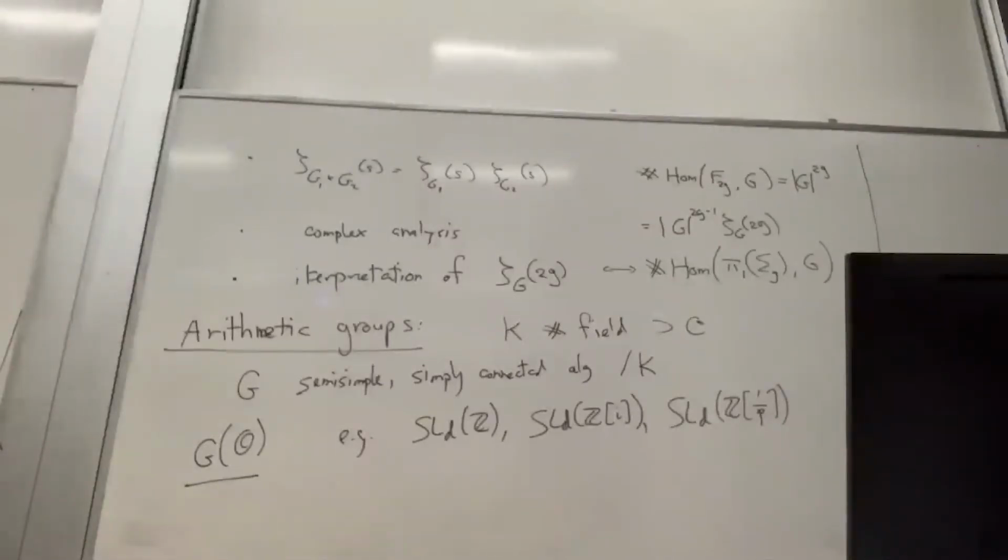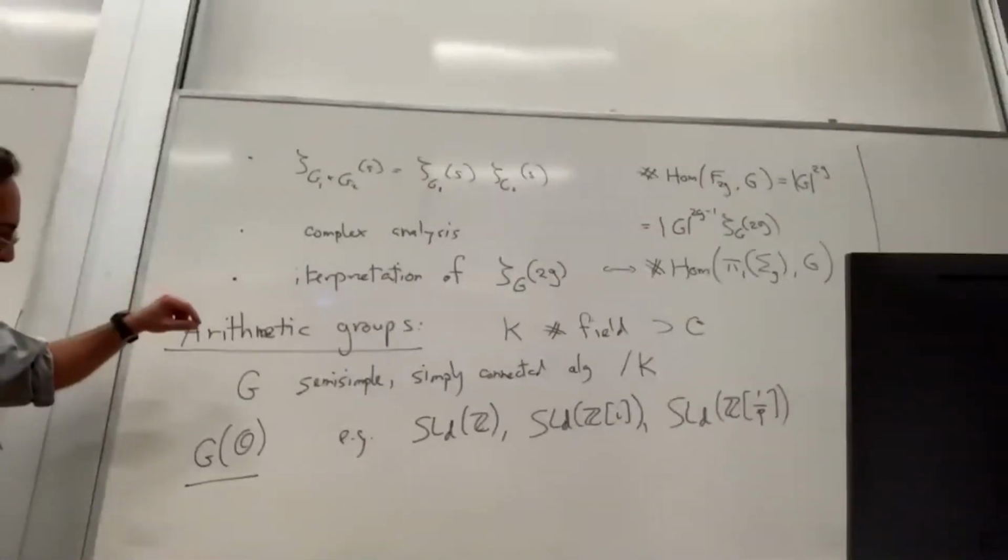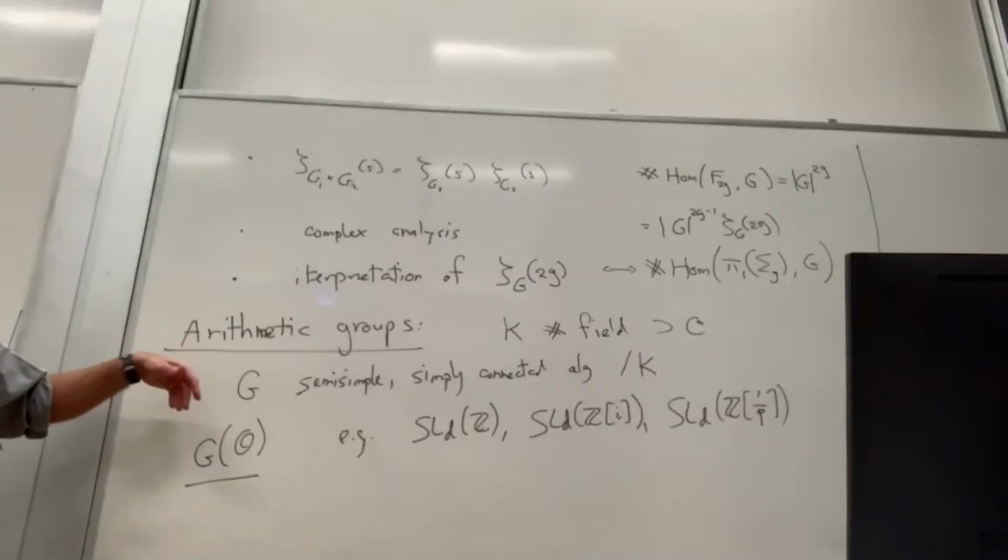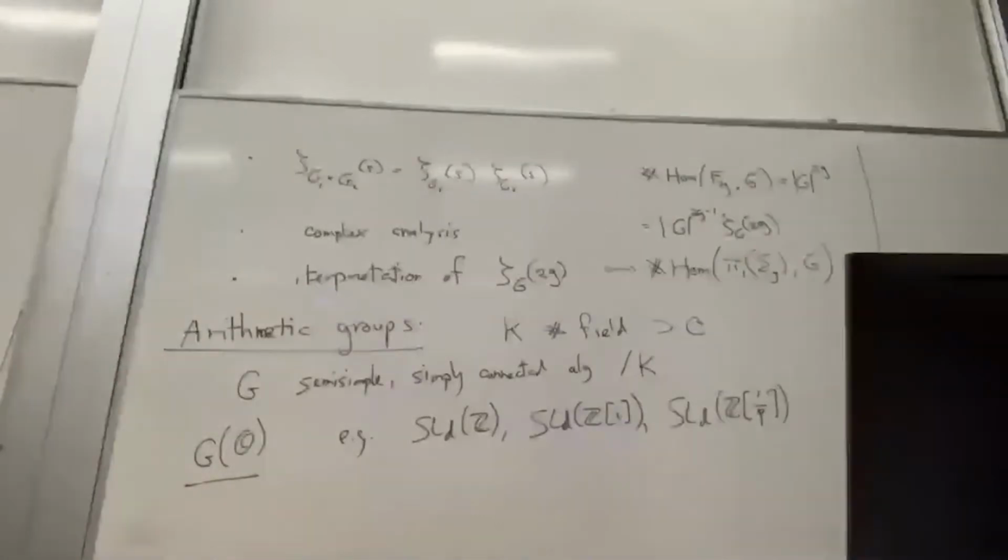Okay, so the first thing I want to discuss is which arithmetic groups have polynomial representation growth. It turns out there's a theorem by Lubotzky and Martin that says the following. Before that, I need to introduce a definition.